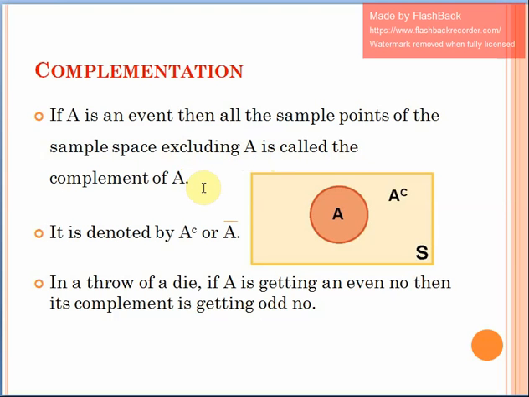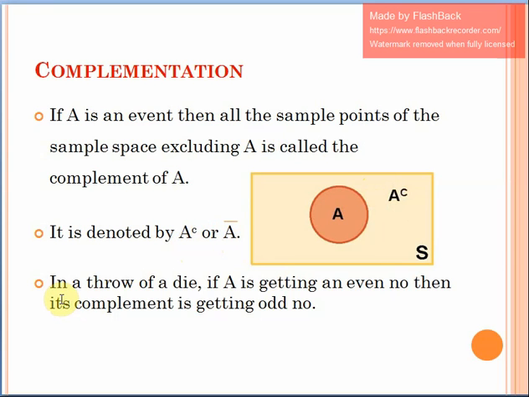All this area in the sample space which is not A is represented by A complement, denoted by A complement, or simply we can write A with a horizontal bar.